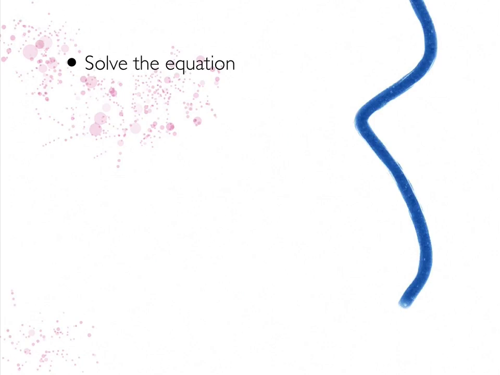Okay, another one. This one is a little more complicated. Again, we're trying to get this by itself. Let's get rid of this positive 3 first. I like to get all my numbers on the right side and then multiply and divide. So that's going to make this a negative 3, and that's going to go away.